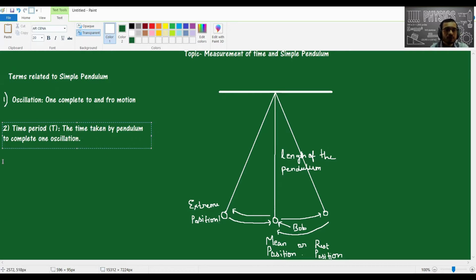Similarly, the third definition we have done is of frequency. Frequency is denoted by small f.